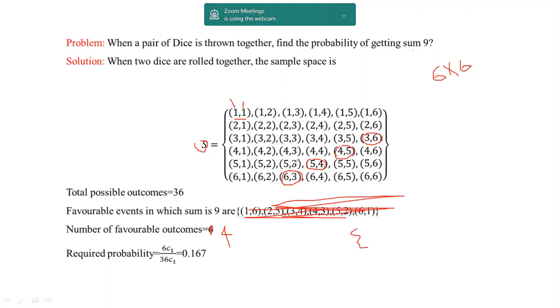In these 4 combinations you are getting sum as 9. So the number of favorable cases is 4 out of 36 combinations. This is the probability of getting sum as 9.